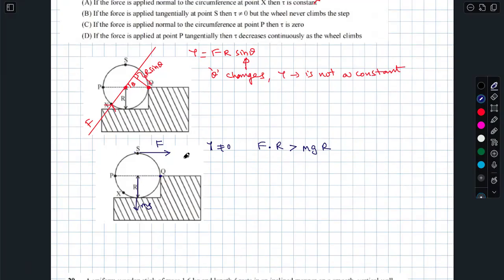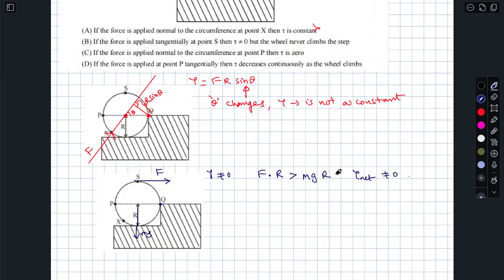Yes or no? Then what happens? Net torque is not equal to 0. So it may climb up the step.